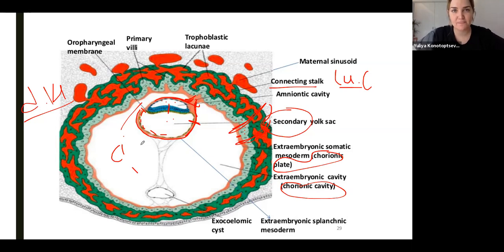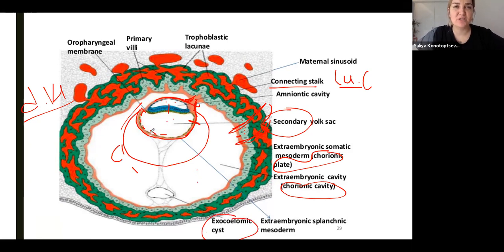Is that clear? This patched-up yolk sac is called the secondary yolk sac, and it is much smaller than the original one. The original one was this big. This is why sometimes you see a remnant of the original yolk sac in the chorionic cavity. That remnant is known as the exocoelomic cyst.